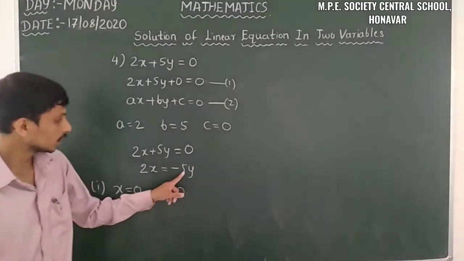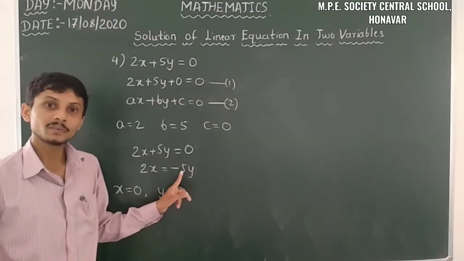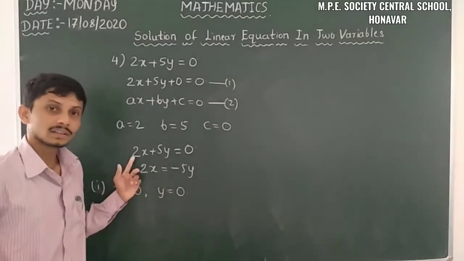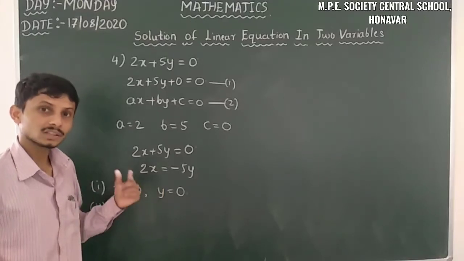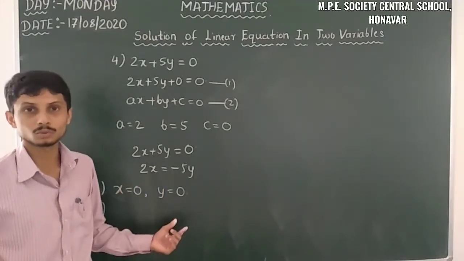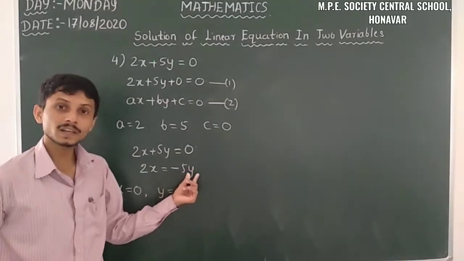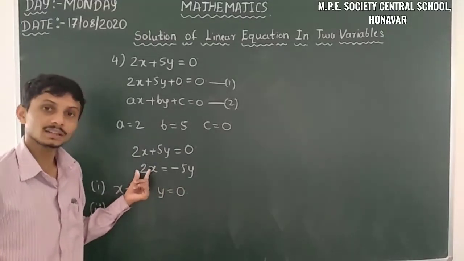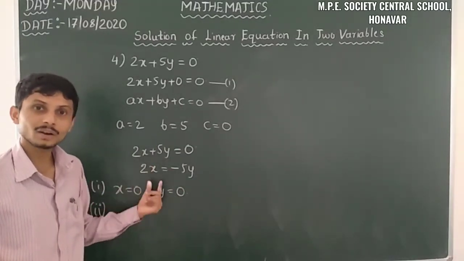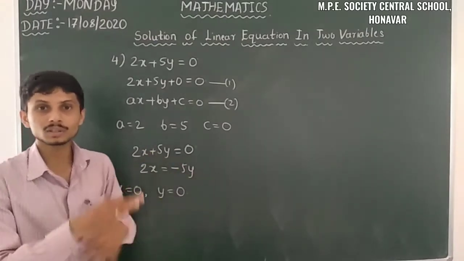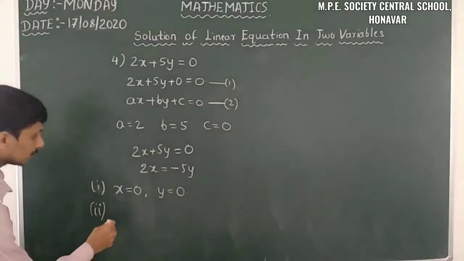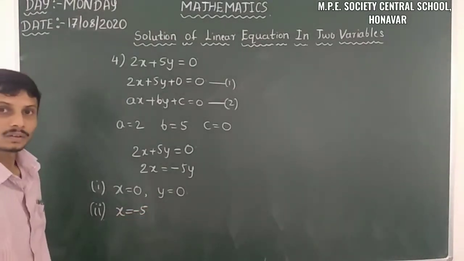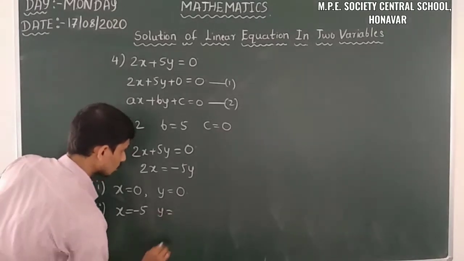Here the coefficient of y is minus 5, so we take x is equal to minus 5, and the coefficient of x is 2, so we take y is equal to 2. So firstly we take x is equal to minus 5, then y is equal to 2.